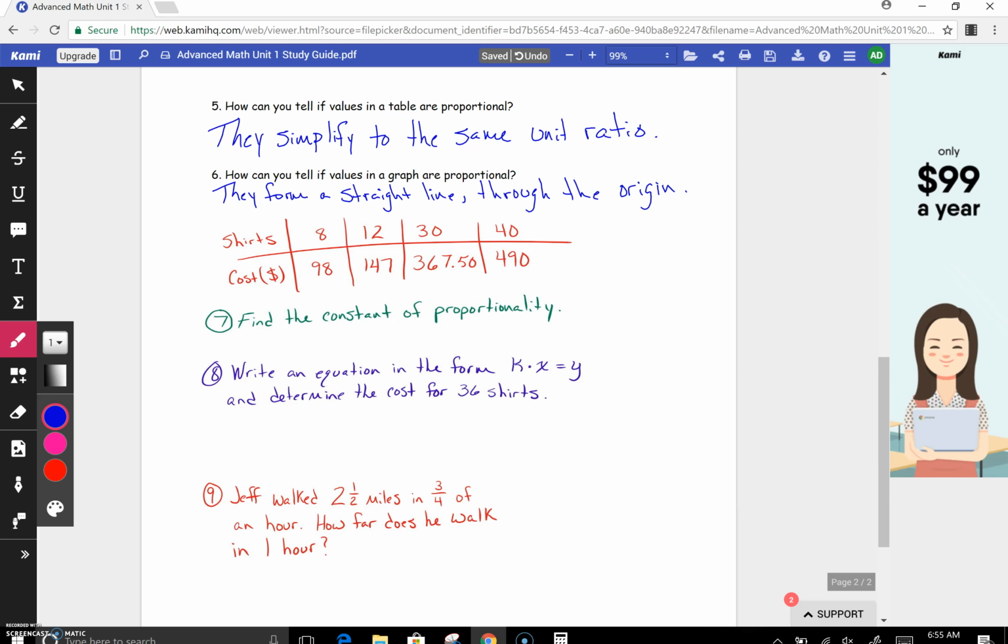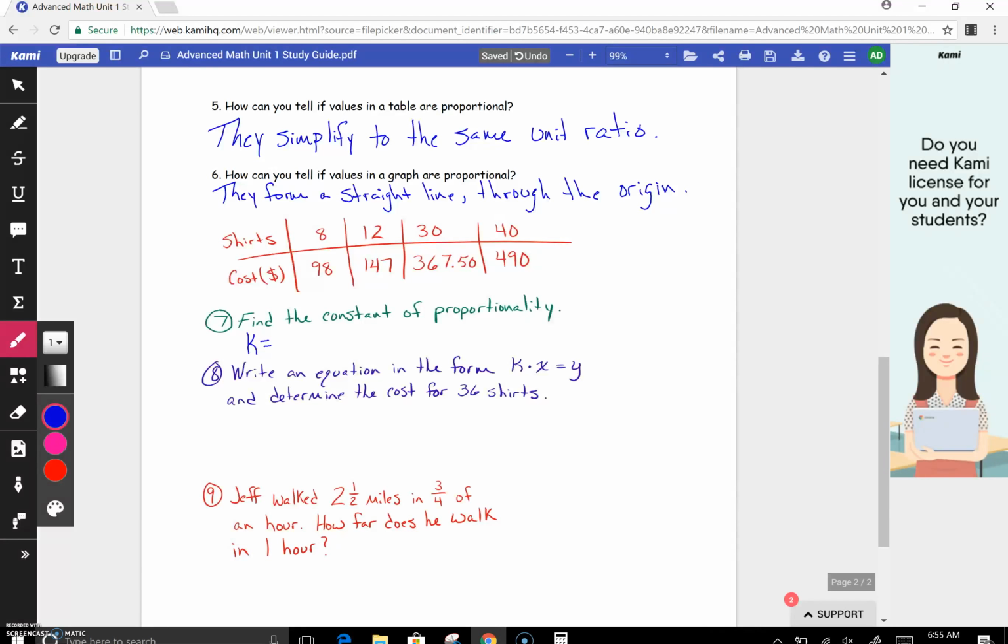And now we're going to look at a table for number 7 and 8, and then we have a final question, number 9. So looking at the table, number 7 says find the constant of proportionality, which in other words is the unit rate. They use K as the variable for constant of proportionality, so we're going to find what K equals.